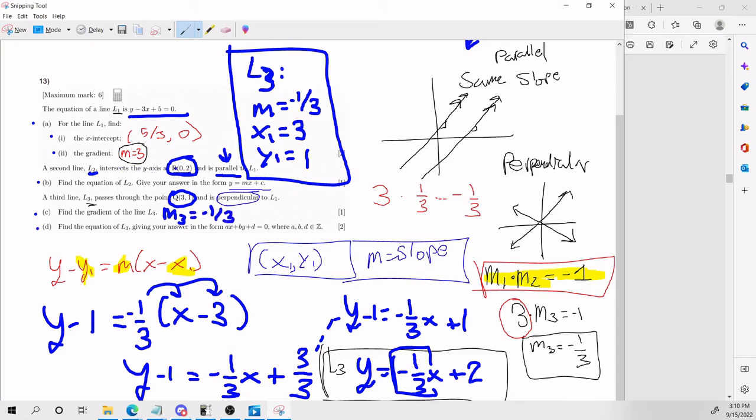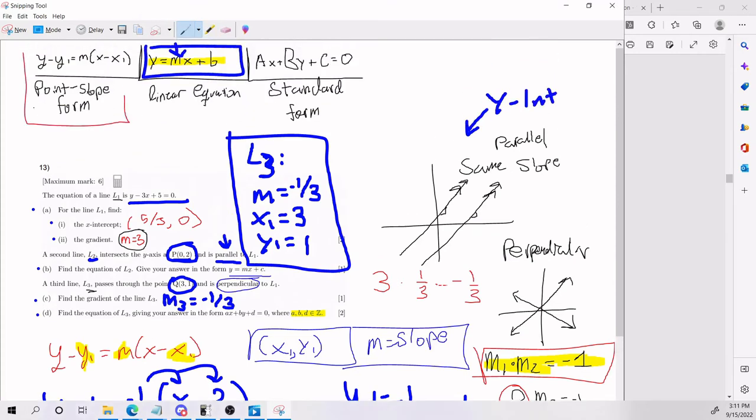Now when you find the equation of L3, giving your answer in the form of that, where a, b, and d are this. This means a, b, and d have to be integers. Let me write it out for a second.